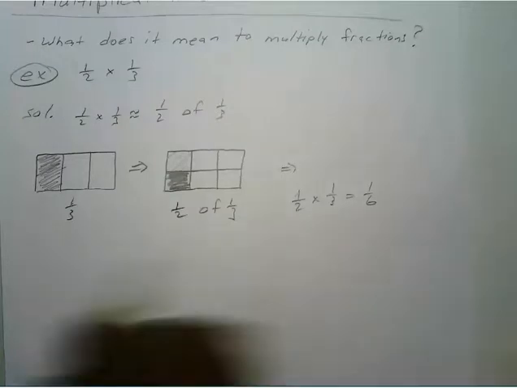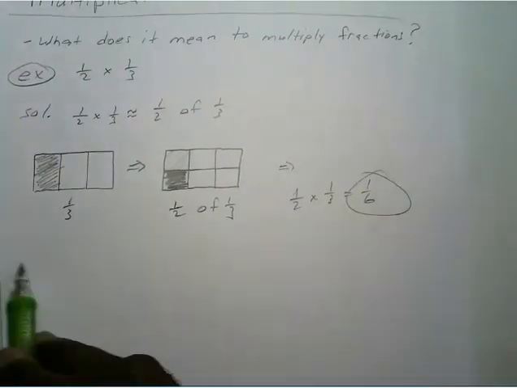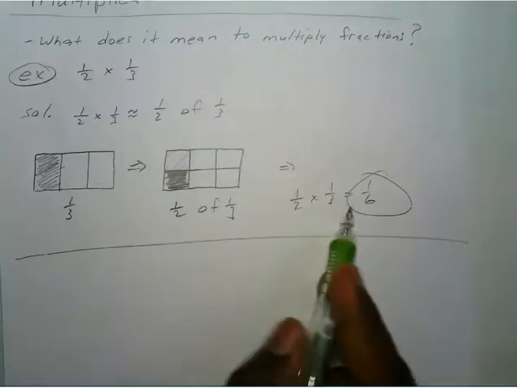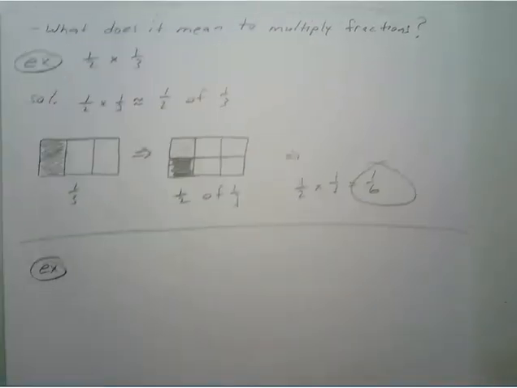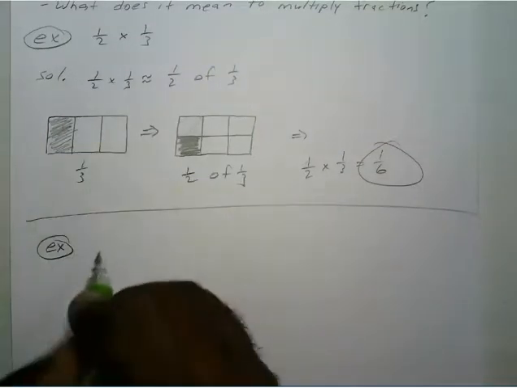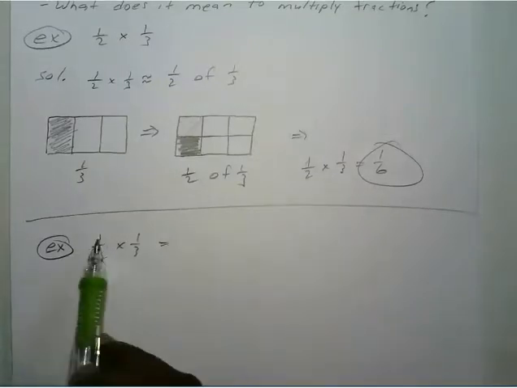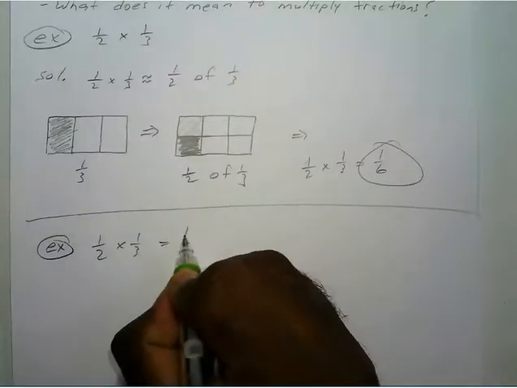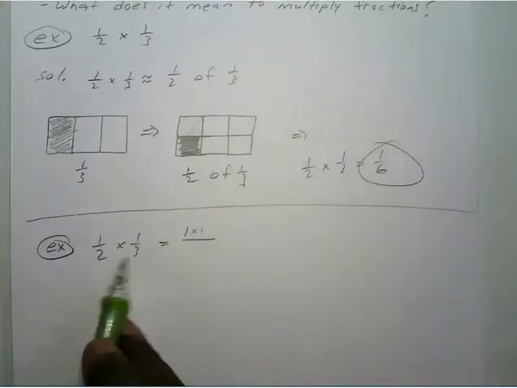All right, so how do we know 1/2 of 1/3 is 1/6? Well, if you look at it without drawing all of the squares and everything else, 1/2 times 1/3 is just multiplying your numerators, so you have 1 times 1, and multiply your denominators, 2 times 3.